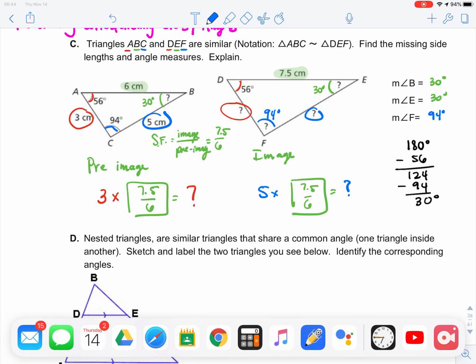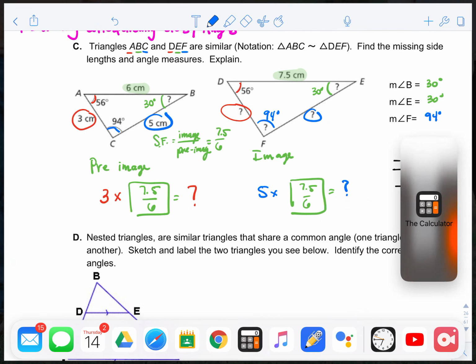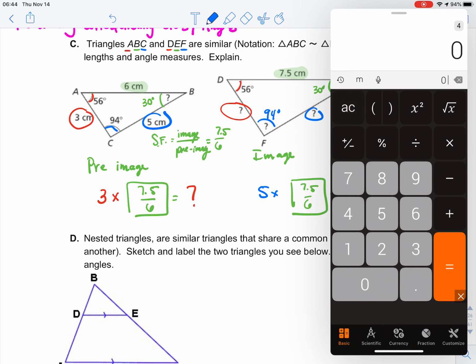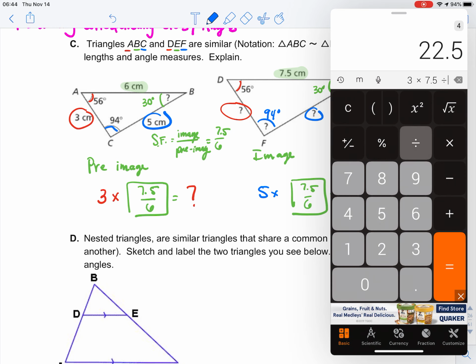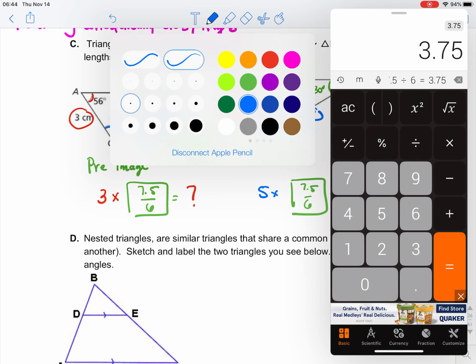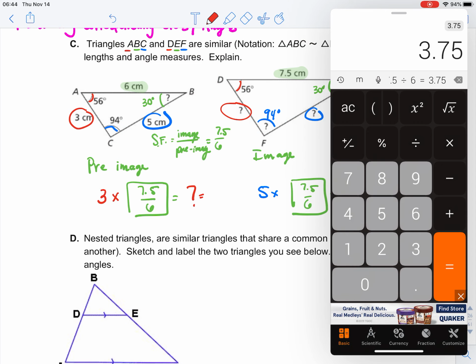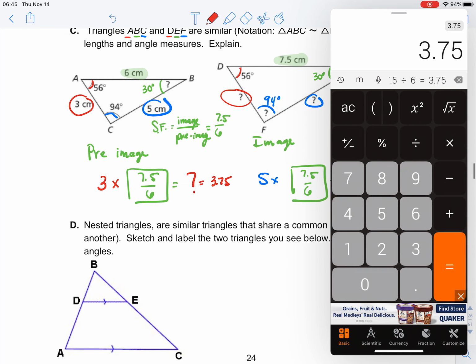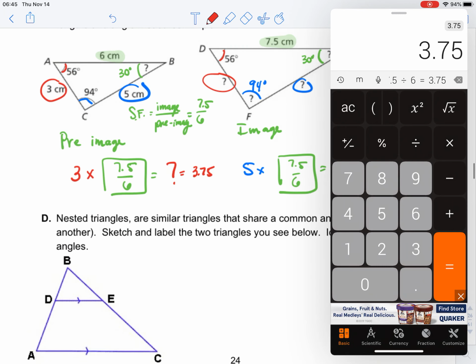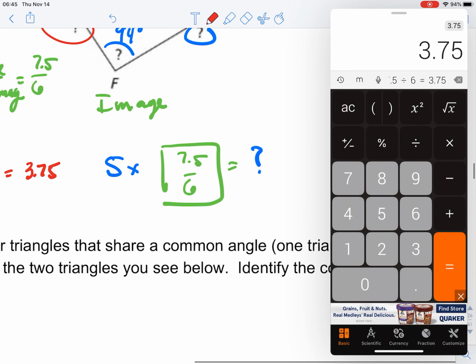Okay, so here's our calculator. We'll just type that in. We've got 3 times 7.5 divided by 6, and we get 3.75. So this new side length is 3.75. And same thing here. We'll set up the equation 5 times 7.5 divided by 6.